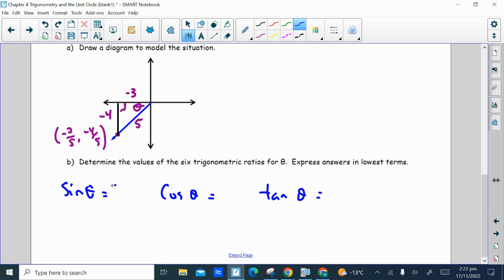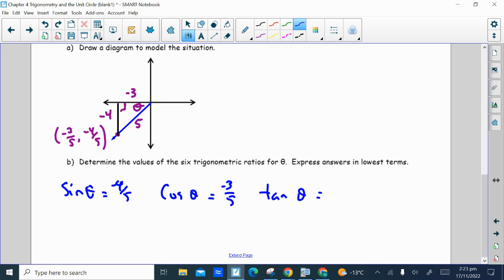The sine is negative 4 over 5. Our triangle tells us that because it's opposite over hypotenuse, but also the coordinate tells us that. The sine is the y value. The cosine is adjacent over hypotenuse, negative 3 over 5. The triangle tells us that. The coordinate also tells us that.